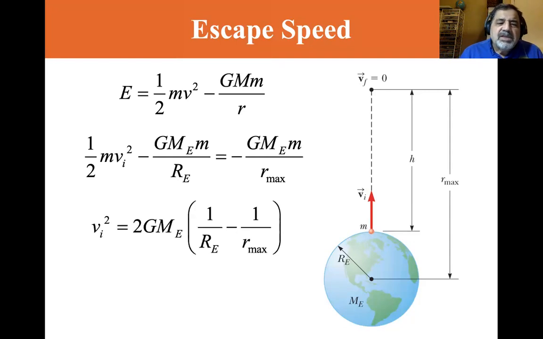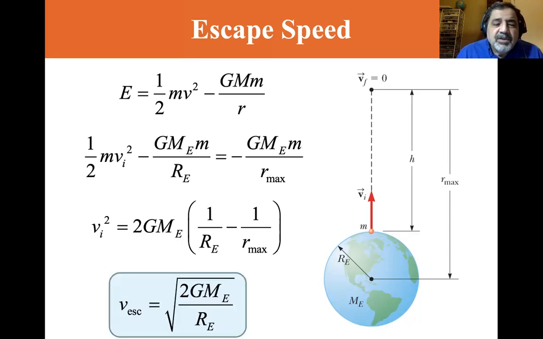And we solve for v squared, which is equal to 2GM_E times 1 over R_E minus 1 over r max. So the escape speed: as r max becomes greater, whenever you have a fraction like this, as the denominator gets greater and greater, this term goes to zero.